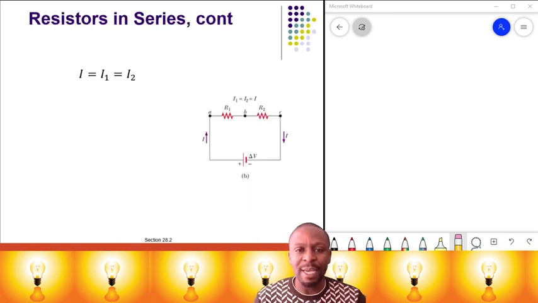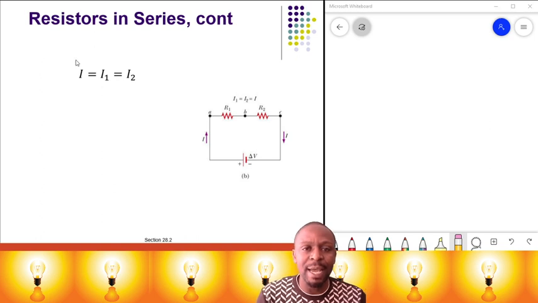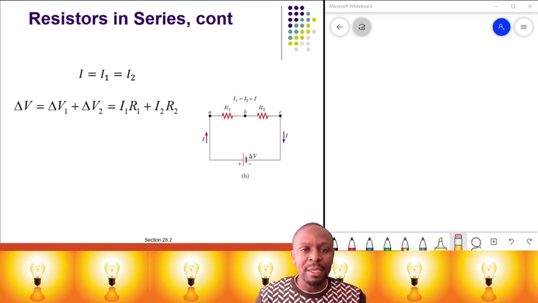Right, now the current is the same, the I is the same, that is passing through R1 and R2. Now the total change in V is change in V1 plus change in V2. But now I can use change in V equals IR. When you use that, this is what you are going to have.